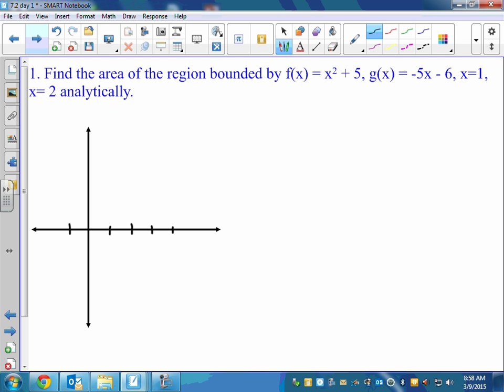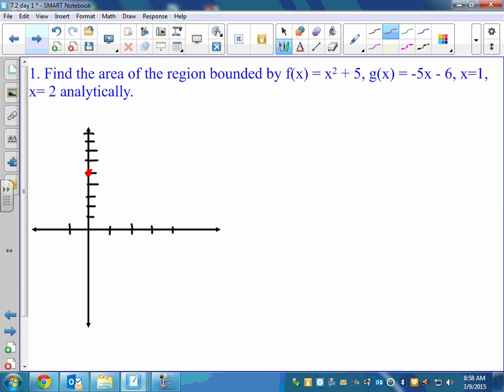Why am I making so many lines on here? But that's okay. I really only need 1 to 2, right? If I plug 2 in there for x on f of x, that's going to be what? 9? So I think I need to go to 9 here. You should know that x squared plus 5 is just a lovely parabola that's moved up 5, because if I plug in 0, then I get 5.